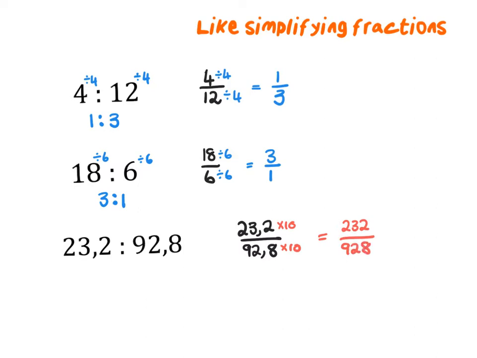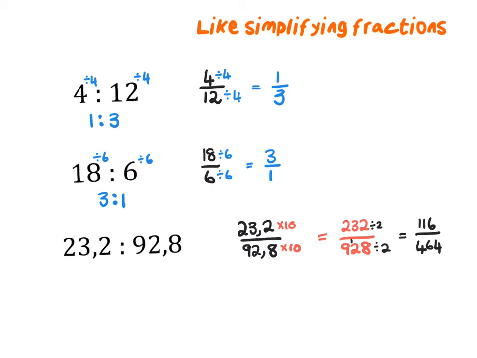Now I know it's very difficult to simplify fractions that have really big numbers in them, but you can start with a small number and just keep on going. The easiest way is just to start by halving them. So if I halve each of these numbers, I will get 116 at the top, and at the bottom, 928 halved is 464.